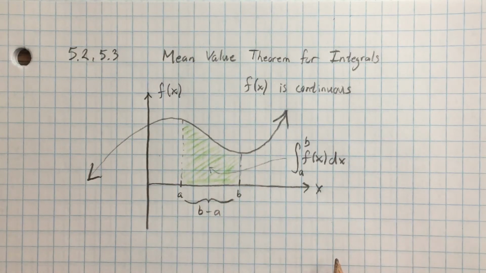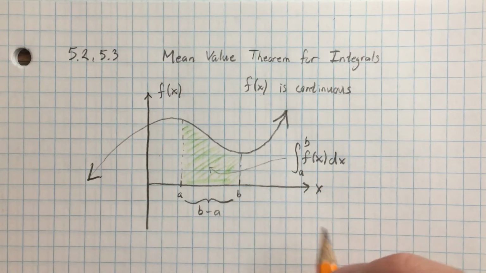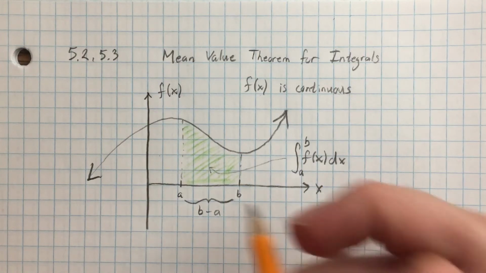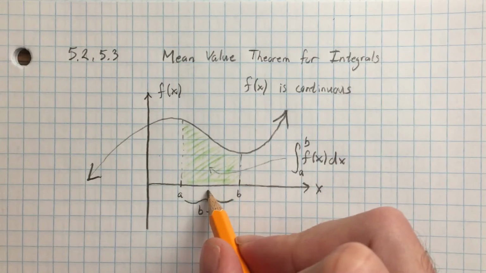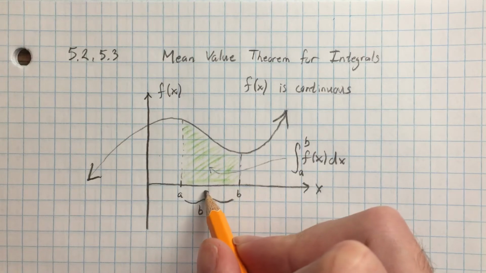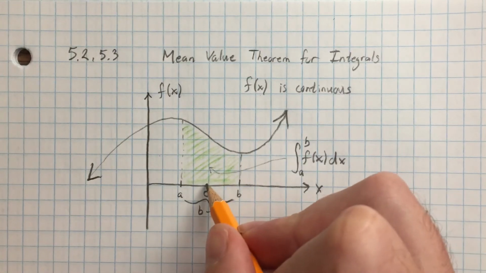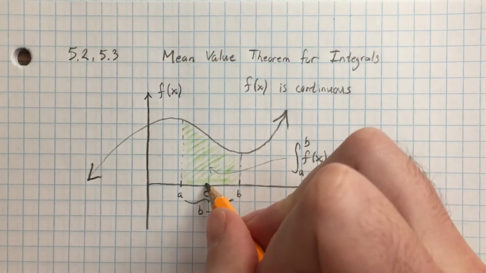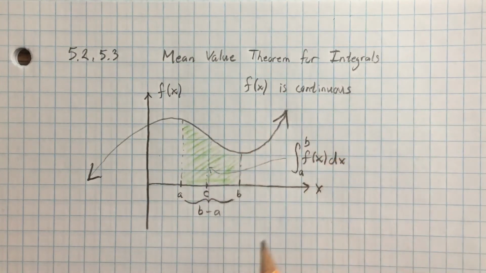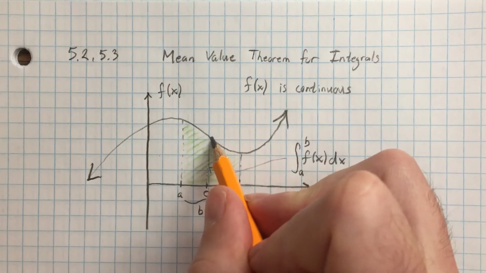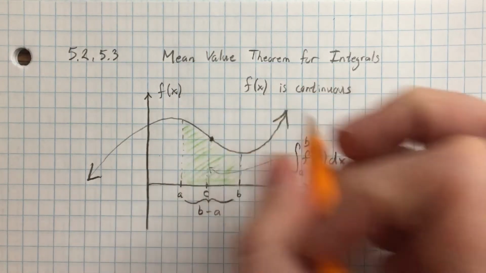All right. So if the function is continuous, what will happen then is you'll be able to find a value c somewhere in here. Okay? And that value c is such that if you map it up to the curve, just like there was a c for the mean value theorem for derivatives, map it up to the curve there, and there it is.